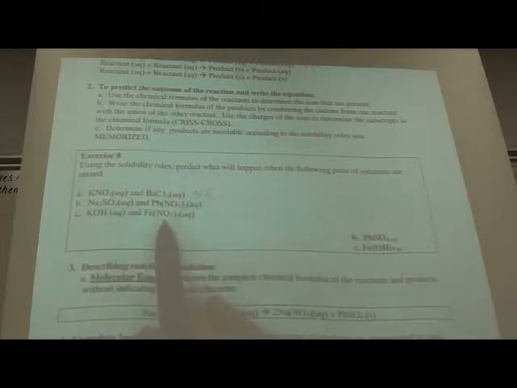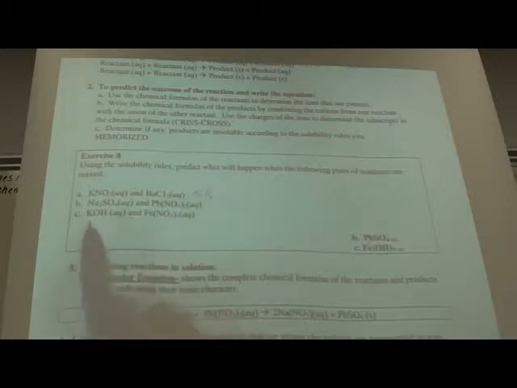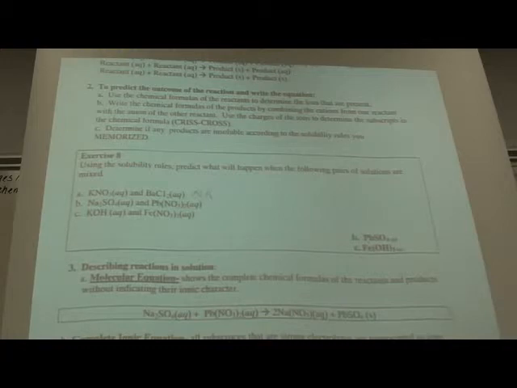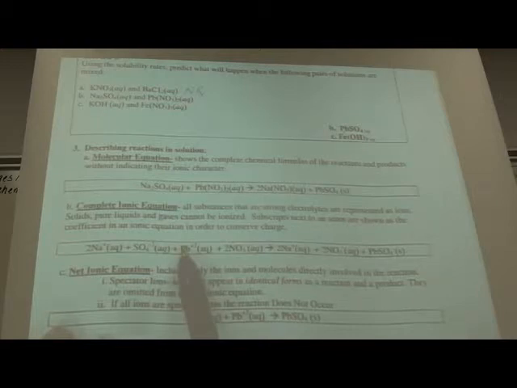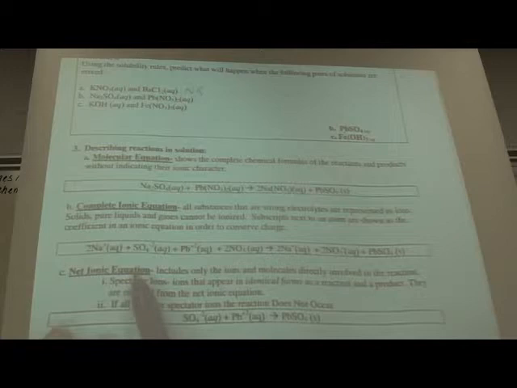If we switch cations here, we're going to have lead 3 hydroxide and potassium nitrate. Potassium nitrate is soluble. So we just went through the molecular equation, which is the full balanced equation. We talked about the complete ionic equation and how to get to the net ionic equation.